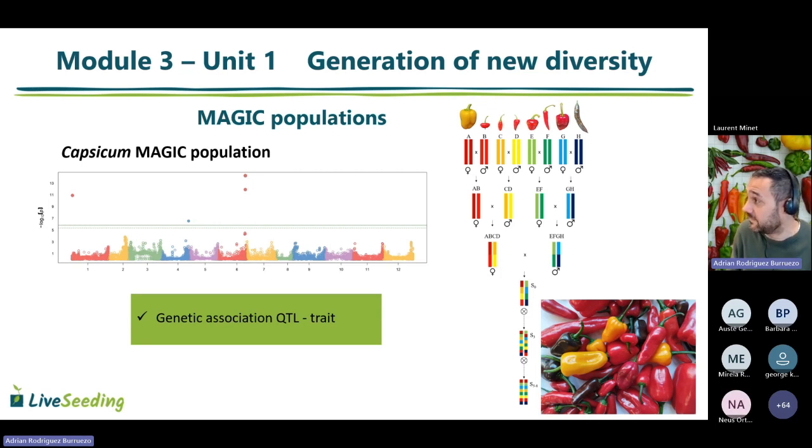At the end, most of them are based on traditional landraces, which have adapted to low input conditions.